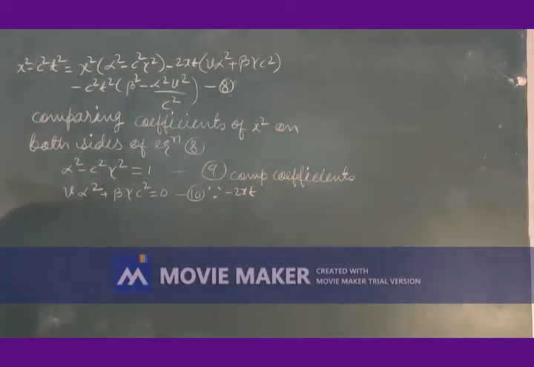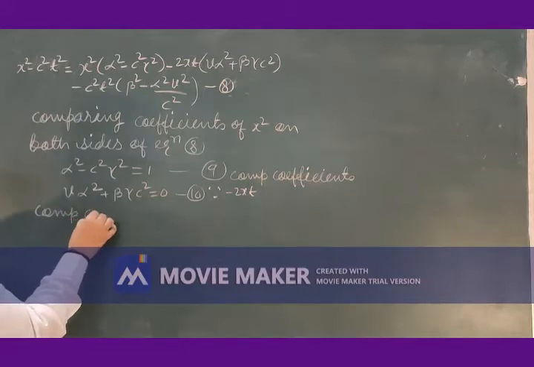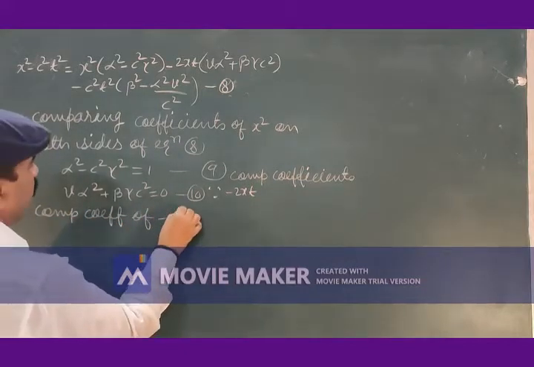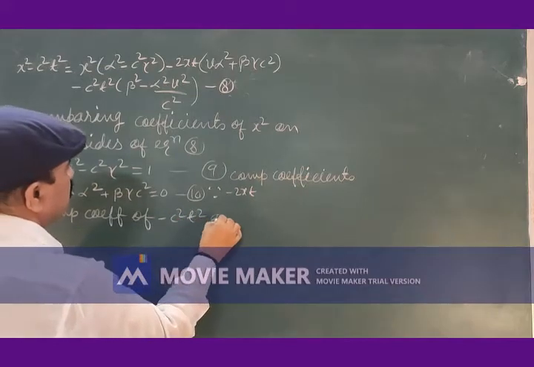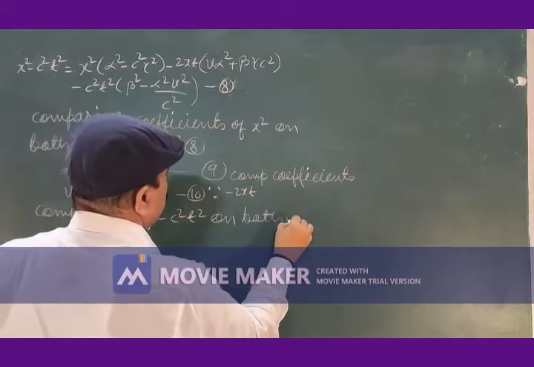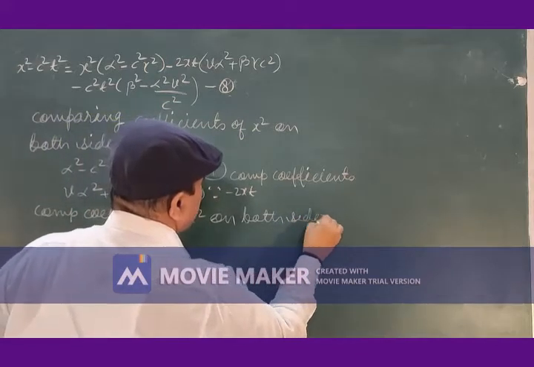Okay, then now compare coefficients of minus c square t square on both sides of 8.